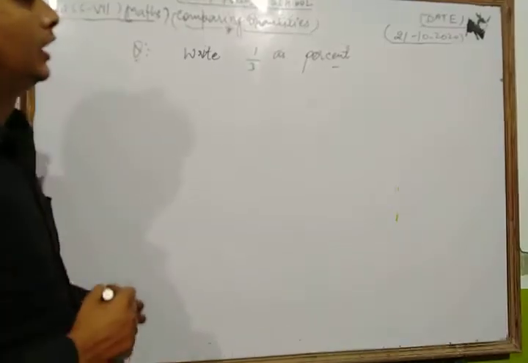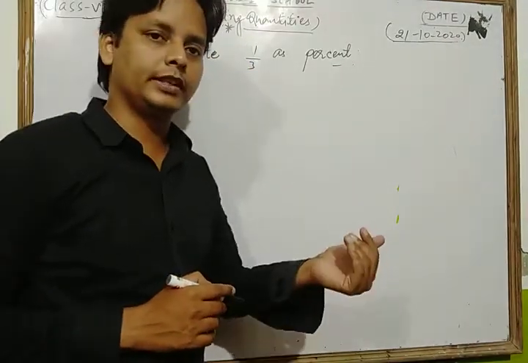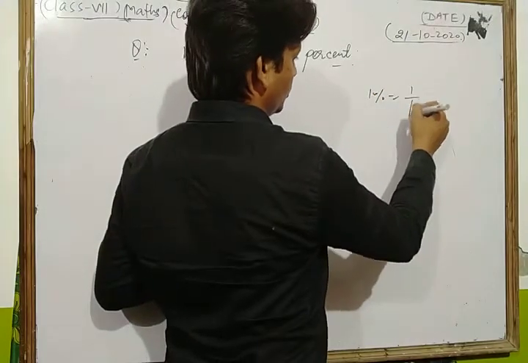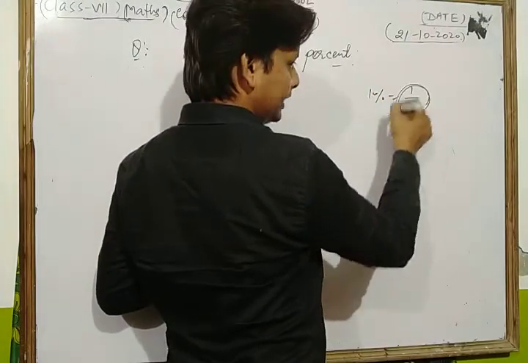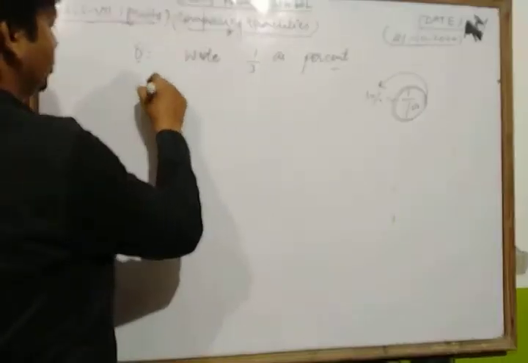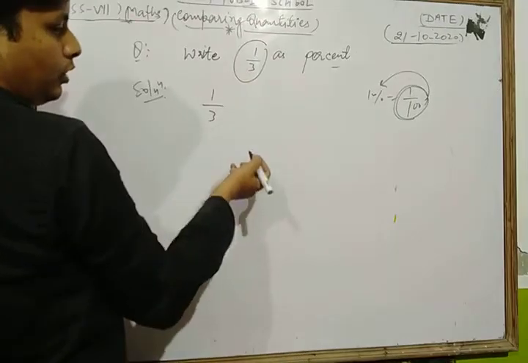Dear student, in converting any fraction into a percentage, first I just discussed that 1% means 1 by 100. So in this type of question, let's see the solution. In all this type of question, first of all we write the given value, fraction or integer.